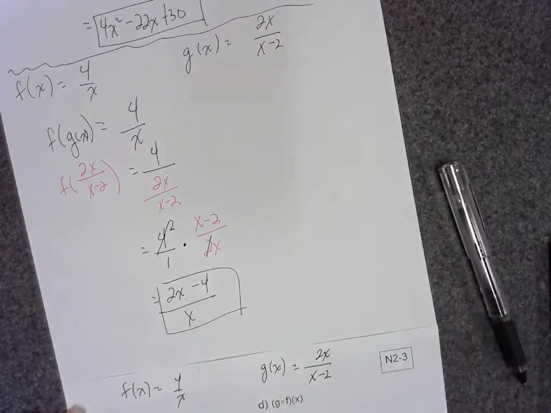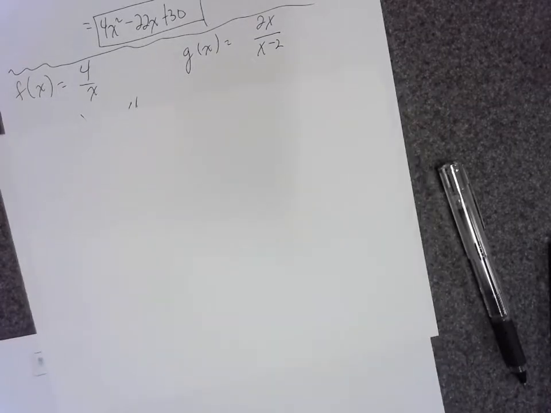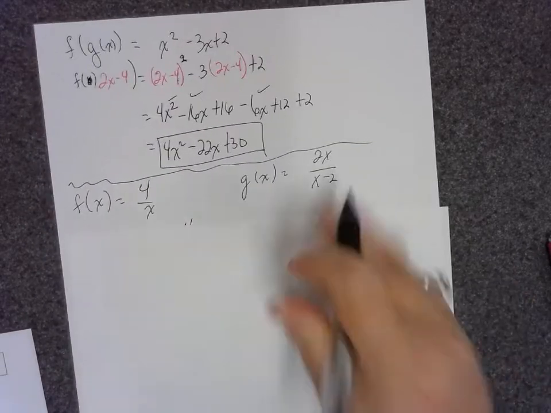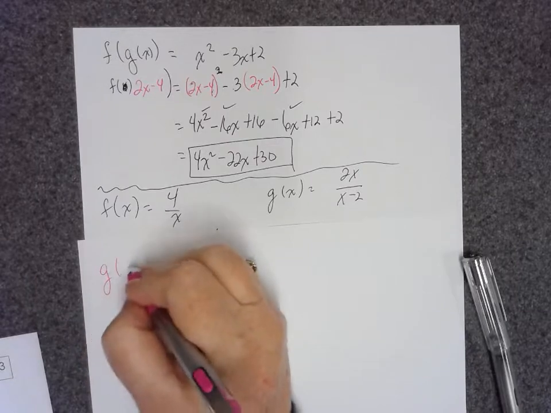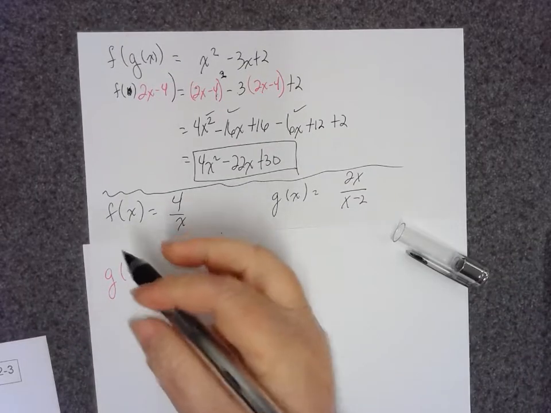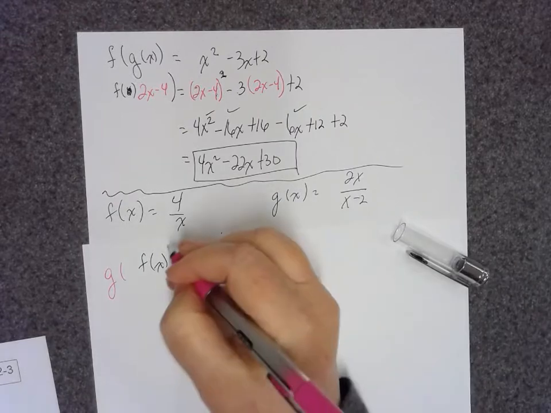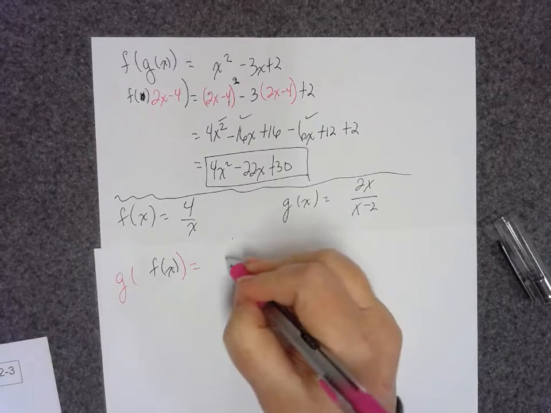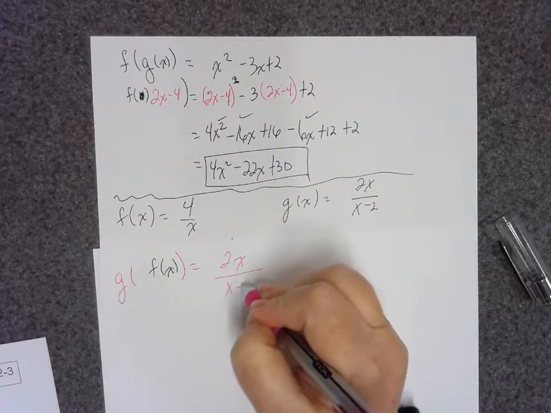Let me grab another piece of paper here. Now we've got g of f of x. That means we are going to take g of f of x. Our g of x is 2x divided by x minus 2.